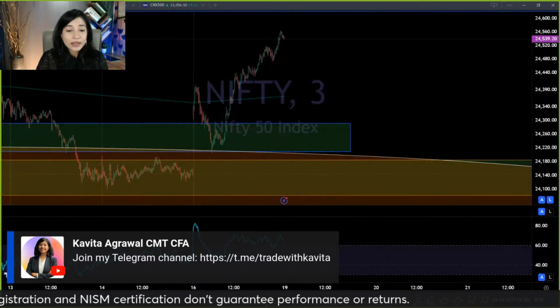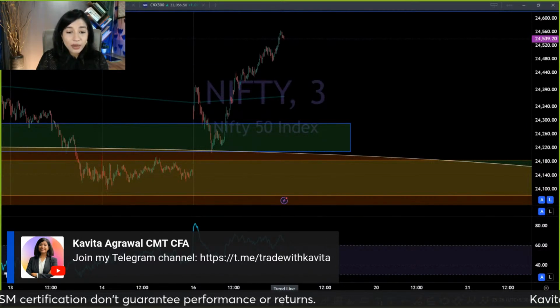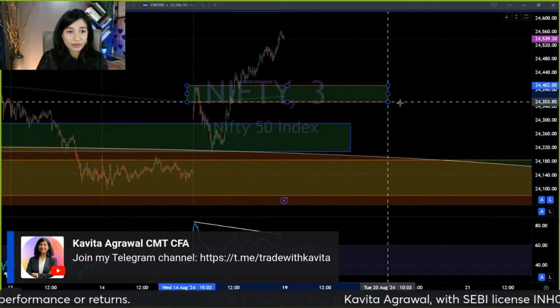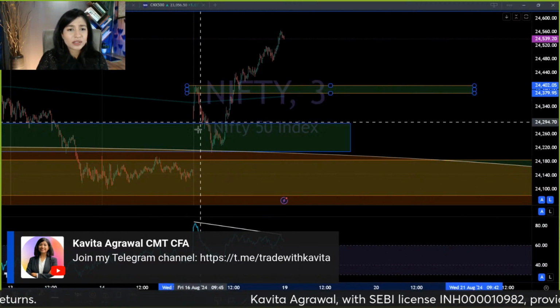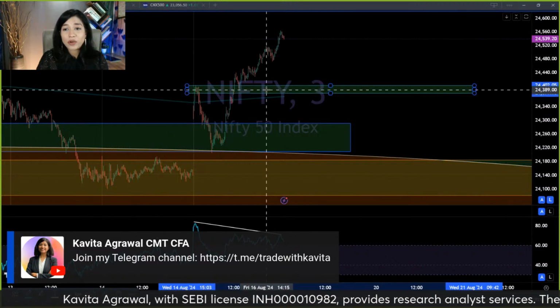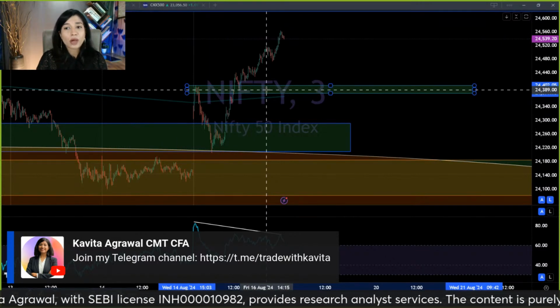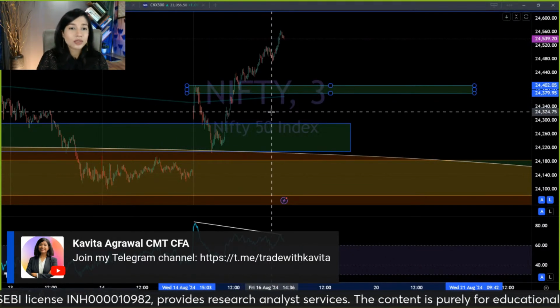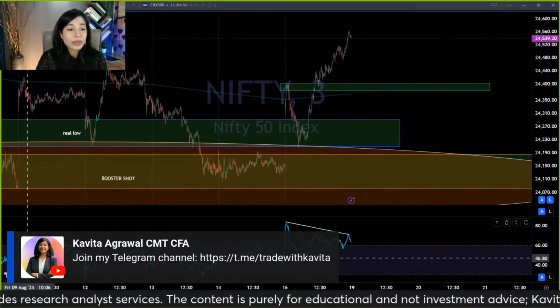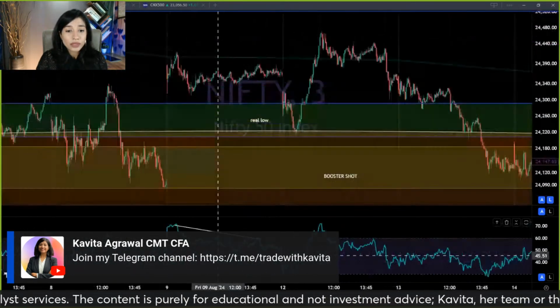So yes, there is a little bit, but I wouldn't be very, very concerned about this 3 minute time frame's negative divergence, because even if this does play out, I would expect the level of around 24,400 to act as strong support. Because for a negative divergence to be very, very potent, I prefer it to be of this style.